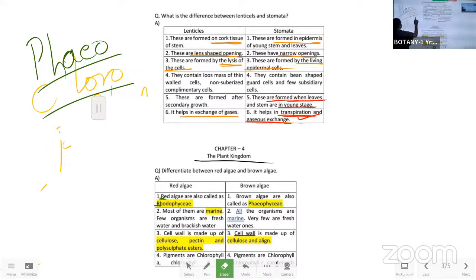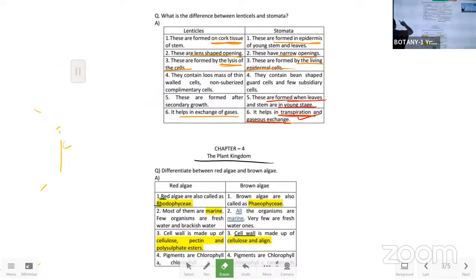They live in marine water and fresh water. The red algal members are mostly marine algal members, and a few are in fresh water and brackish water.